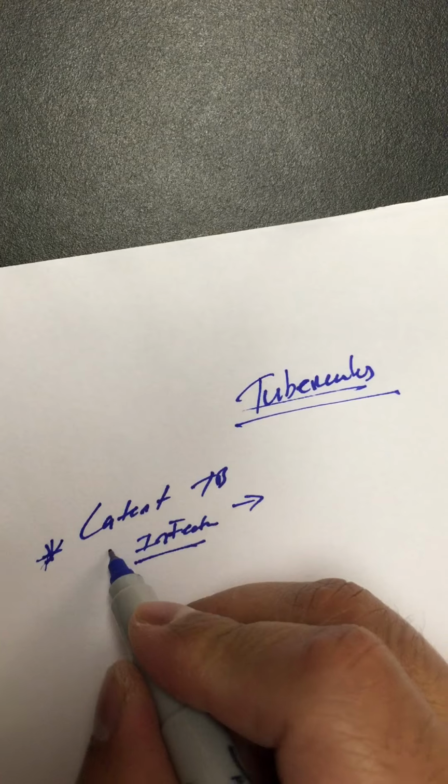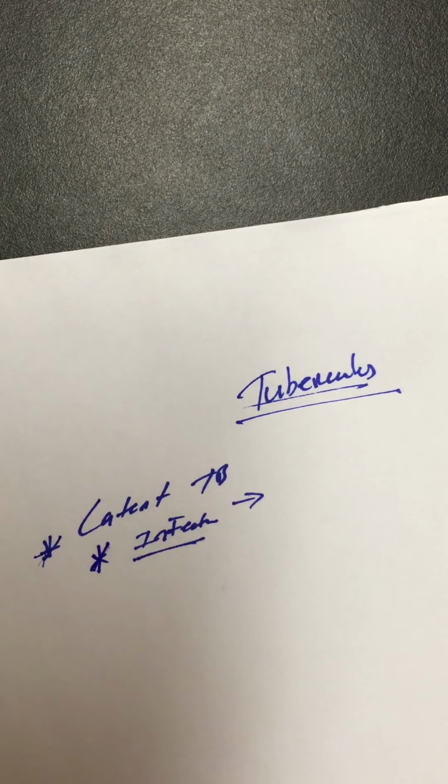Now, in latent TB, again, your immune system does take care of the infection. So it kind of puts the bad guy, Mycobacterium tuberculosis, in jail, keeps him there, makes him be inactive.